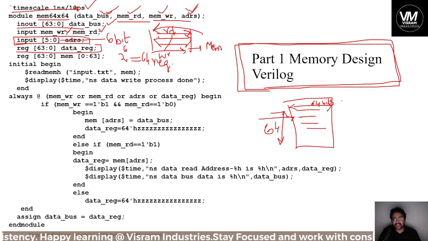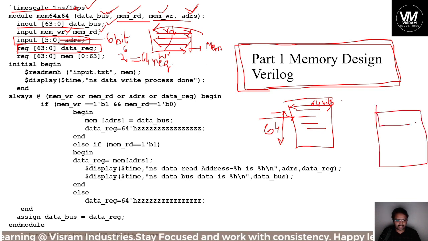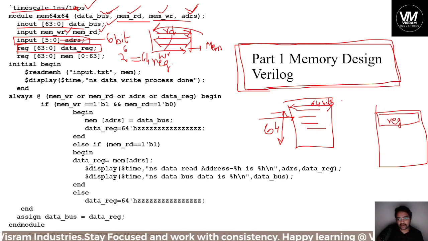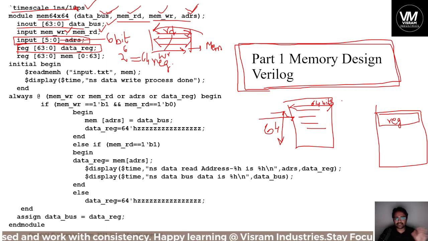The data register is nothing but a temporary register used in the always block, the procedural block, which I will explain. So remember, this data register is a temporary register used for the read process or write process.